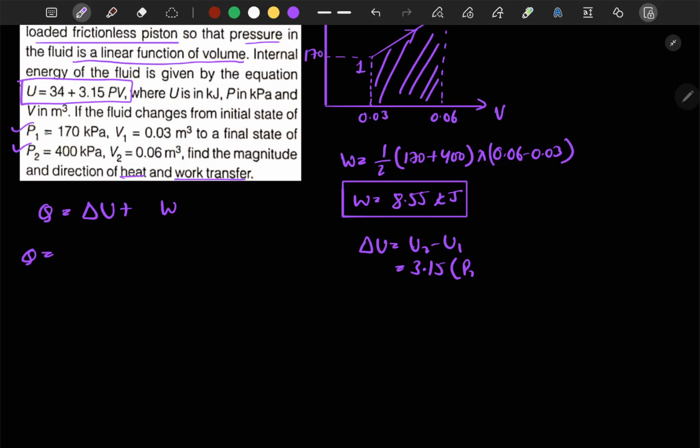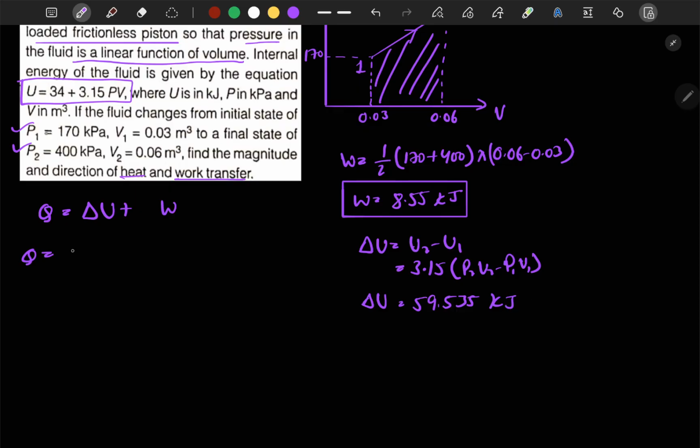Now U2 minus U1 is 3.15 times (P2 V2 minus P1 V1). When we substitute the values, 400 times 0.06 minus 170 times 0.03 is 18.9, and this into 3.15, we get the value of delta U as 59.535 kilojoule.